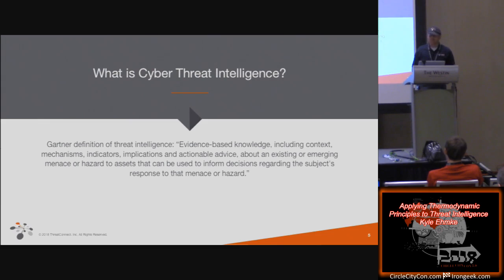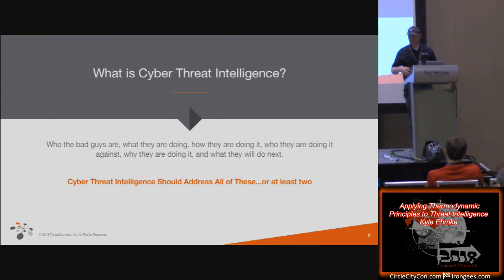That's a bit wordy for me, so I like to simplify it a little bit. I like to think of cyber threat intelligence as who the bad guys are, what they're doing, how they are doing it, who they're doing it against, why they're doing it, and what they will do next. In my opinion, cyber threat intelligence should address all of these, but at a minimum, two of them.